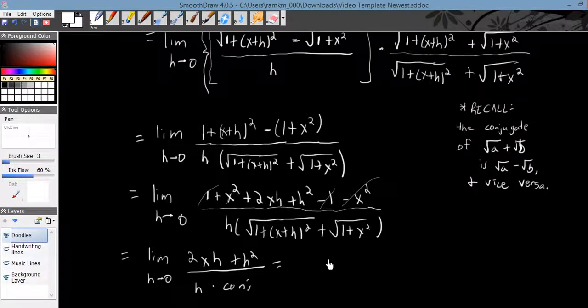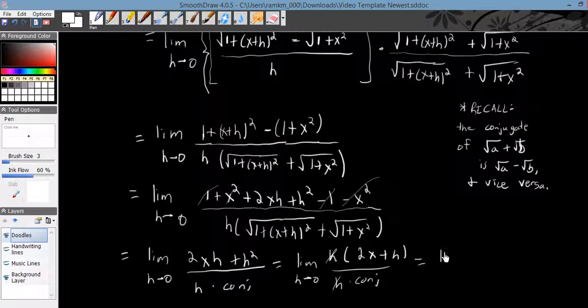If we factored out an h here, we'd have the limit as h approaches 0 of h times 2x plus h over h times the conjugate. So this cancels here, and all we're left with is the limit as h approaches 0 of 2x plus h over the conjugate.